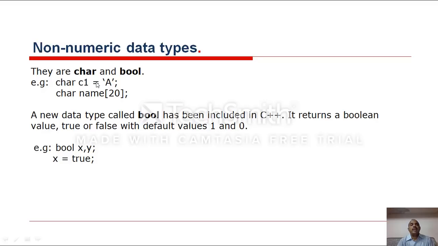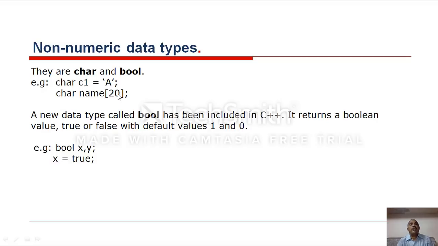The character is 'A'. I didn't specify a size, so this is a single character variable. It occupies only one memory block, and the block size is 1 byte. So 'A' is assigned into the c1 memory location.